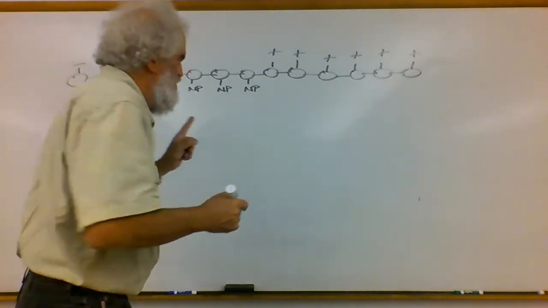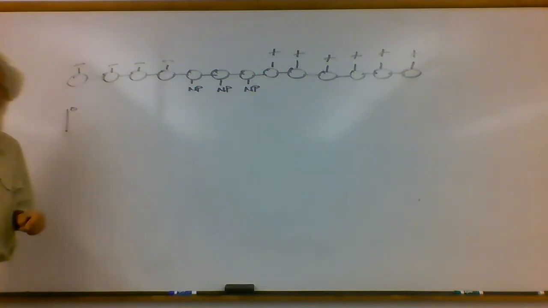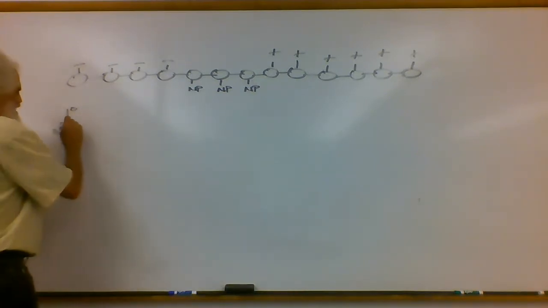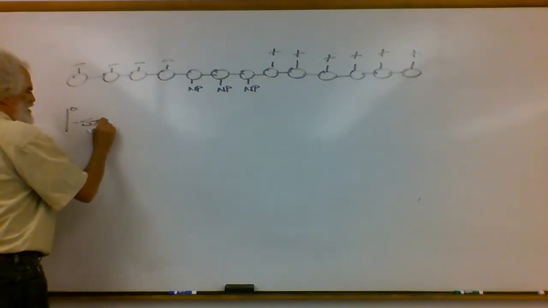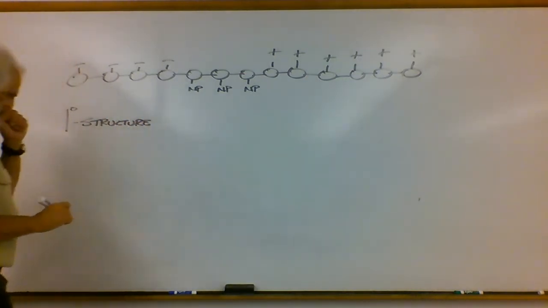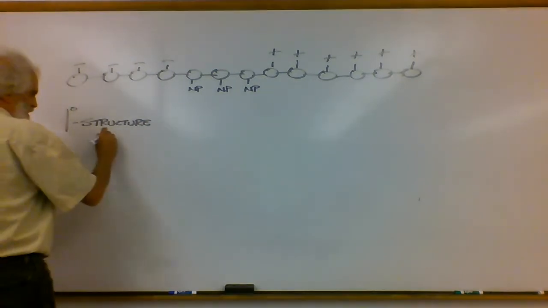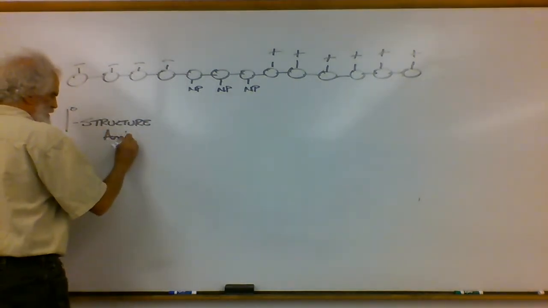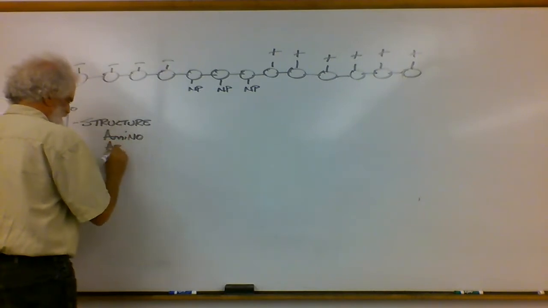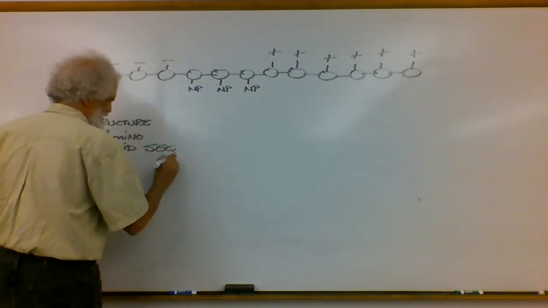We start out with what's called the primary structure, and that's one with a degree, is the abbreviation for primary. So the primary structure is defined as the amino acid sequence.